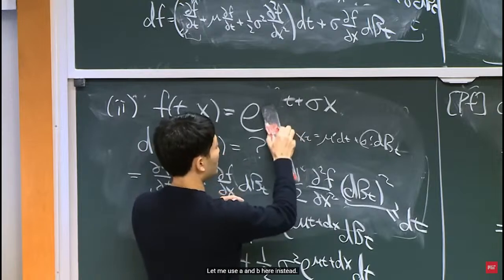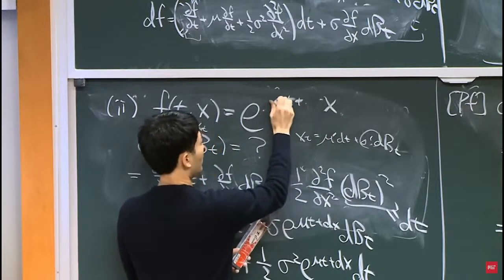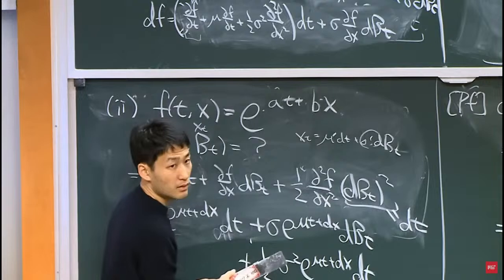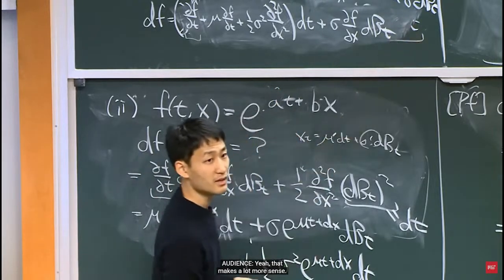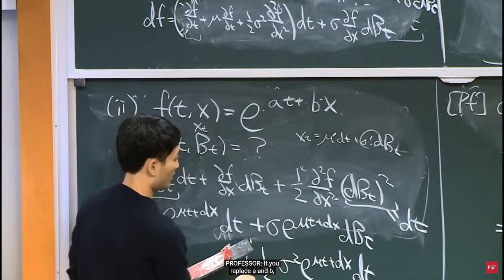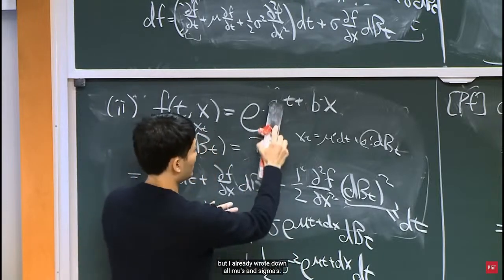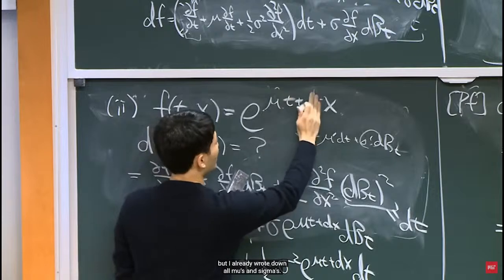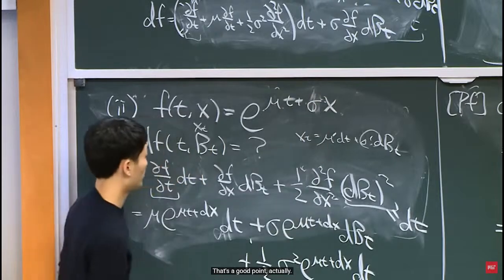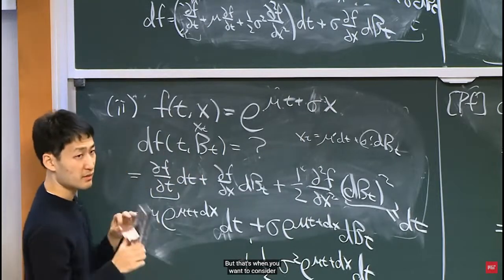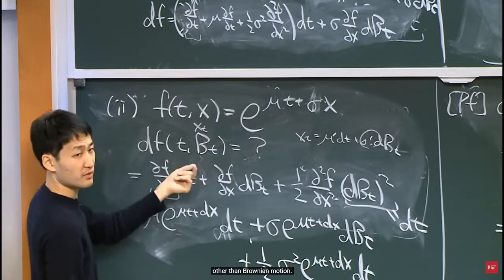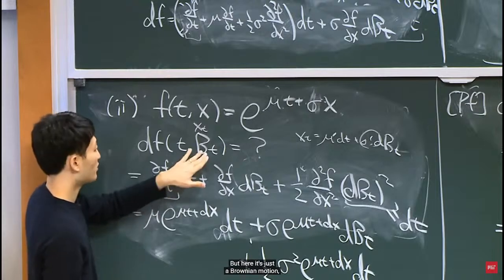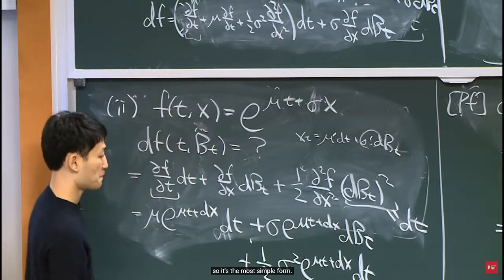Let me use a and b here instead. The sigma here is different from here. Okay, that makes a lot more sense. If you replace a and b, then yes. But I already wrote down all mu and sigma. That's a good point, actually. That's when you want to consider a general stochastic process, other than Brownian motion. But here it's just a Brownian motion, so it's the most simple form.